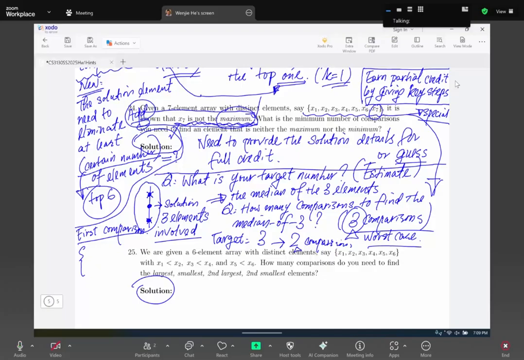The first way, include X7. Second way, not include X7.